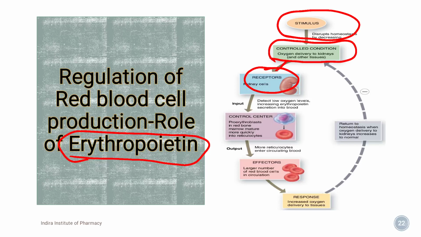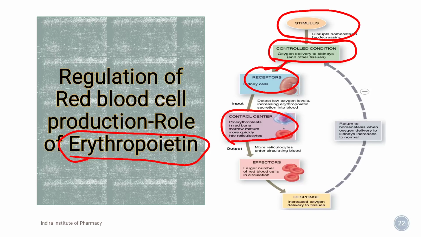So a signal goes to an effector to produce more erythropoietin, which is responsible for the production and regulation of red blood cells. The receptor receives the information that low oxygen levels are there, and the control center receives this signal.